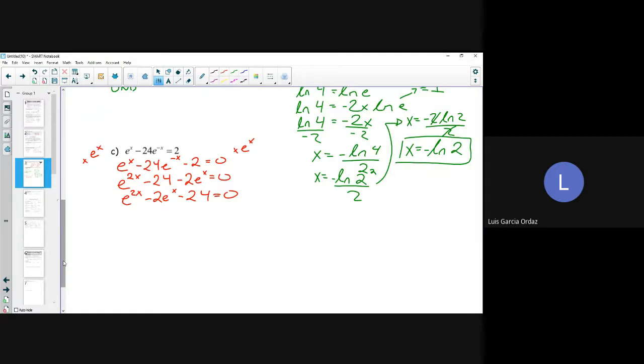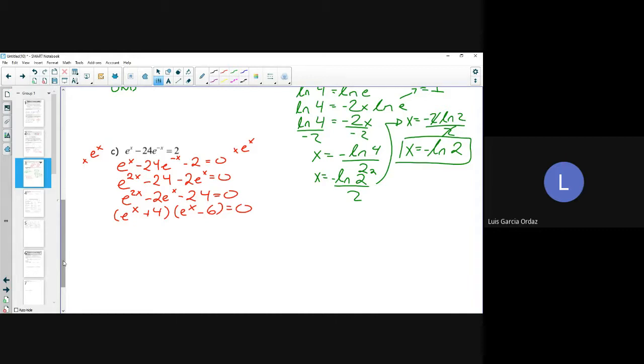Yeah, that's the expression. So our factored expression would be e to the x plus 4 times e to the x minus 6, and that is all equal to 0.